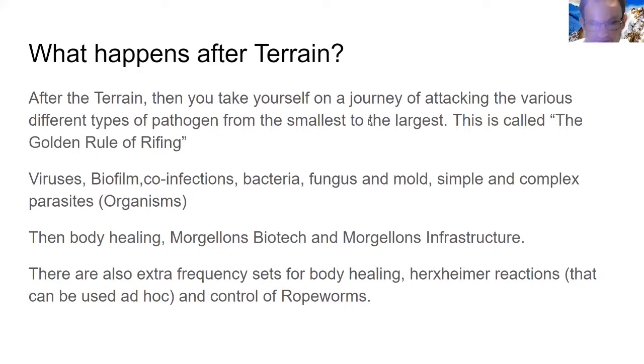There's also some extra frequency sets included for Herxheimer reactions. So that's when you feel worse before you get better, or you've killed something off inside you, which has basically released a lot of poisons from its body into your bloodstream and is therefore making you toxic and making you infected. Okay, and also ropeworms are very difficult to get rid of, so there's an extra special set for that, of which you need to be aware, because you won't necessarily get rid of them on the 47th preset.